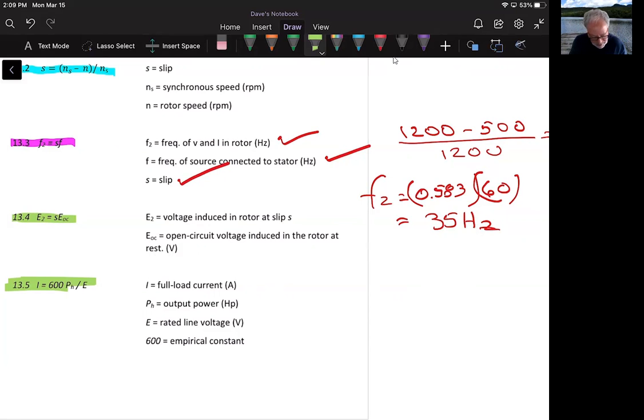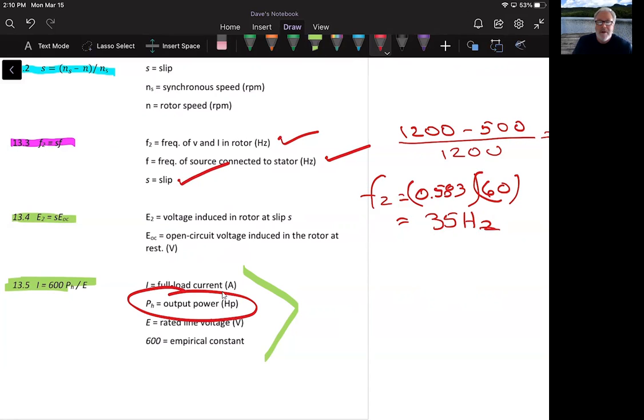It relies heavily on section 13A, the typical characteristics, so we can get a really good estimation of what the full load current would be. One thing I'd point out with this equation is the use of output power in horsepower. Most of the time we're going to stick with SI units, talking about watts or kilowatts, but this particular equation references horsepower.